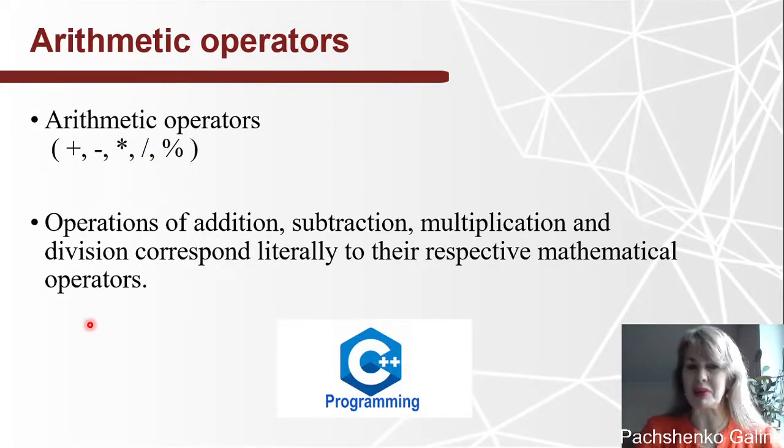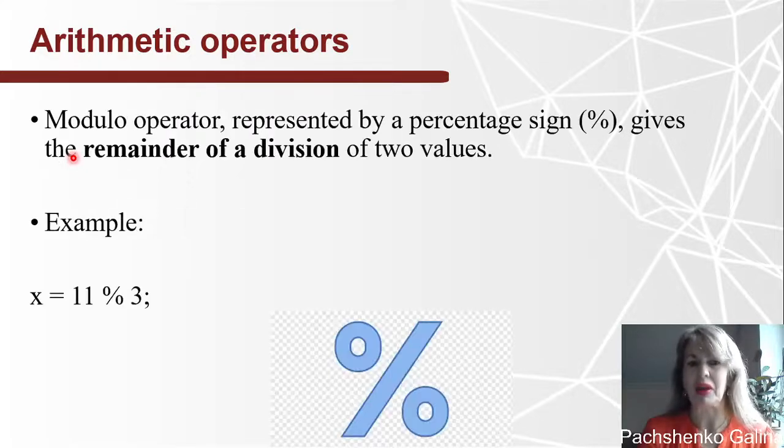Arithmetic operators. They are the operators of addition, subtraction, multiplication, and division. These four correspond literally to their respective mathematical functions. And the modulo operator, represented by a percent sign, gives the remainder of a division of two values.